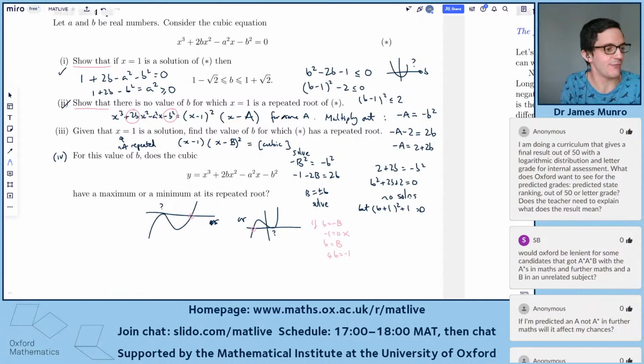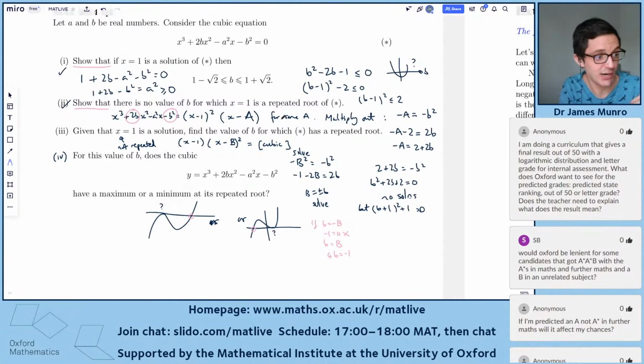I'm doing criminal. There's a final result of 50 with a logarithmic distribution and a letter grade. What results do we want to see? Internal assessments as well. What do you want for the predicted grades? I want the prediction for what the final grade issued by external people will be. So like the qualification at the end, not the internal assessment or any of the working out.